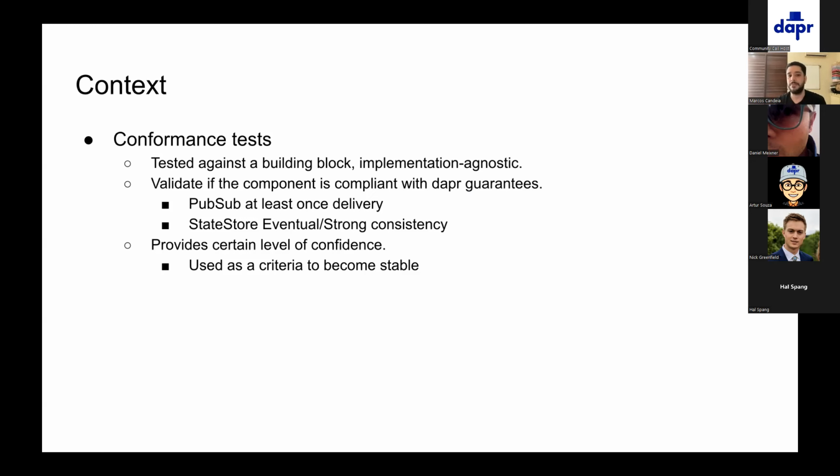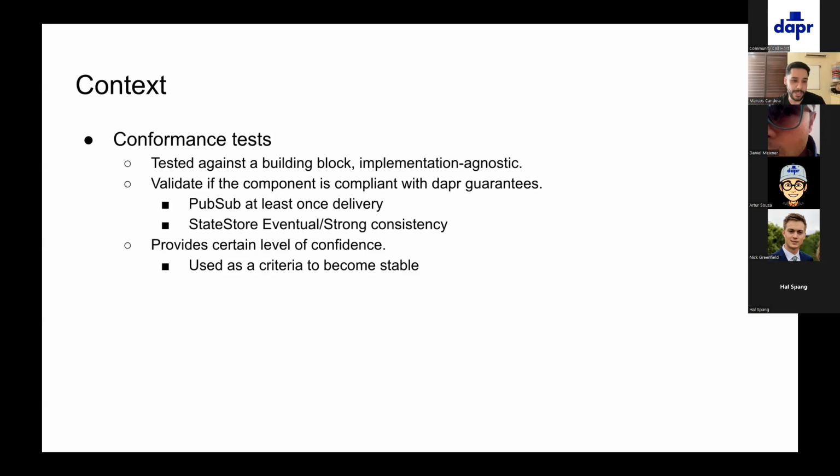If it is a pub sub, it should have, let's say, at least once delivery guarantees, because Dapr is the interface for the user. And as a component says that I am a pub sub, it should implement at least once delivery. So the conformance test is a way to validate if the component is compliant with Dapr guarantees.